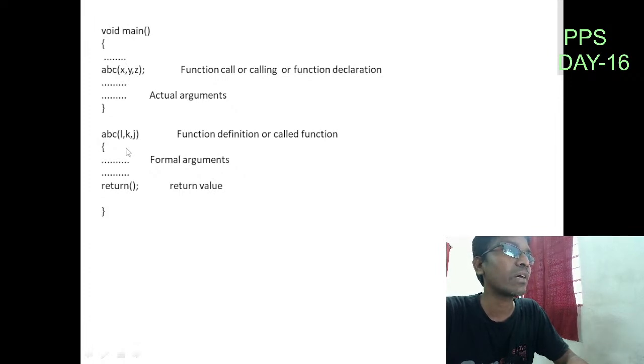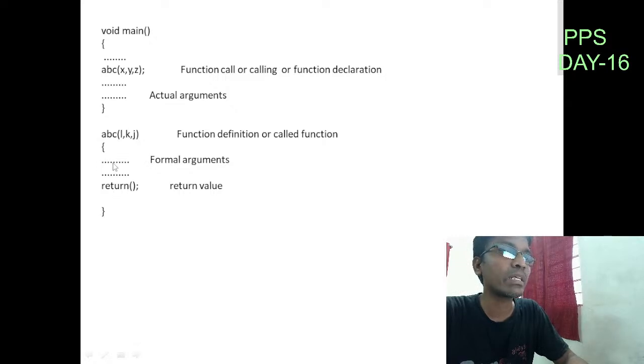The calling function can be written inside the main function, and after that you write the called function or function definition. That will be right after the main program. You have to write the called function or function definition after the main function. I am writing here the called function. It is a called function because it contains the body of the function.